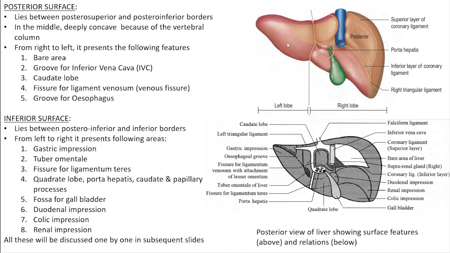So some posterior most part of even the inferior surface is visible on the posterior view of the liver. Right. So first of all, we will just discuss what all parts compose the posterior surface as well as the inferior surface, and then we will discuss them one by one.